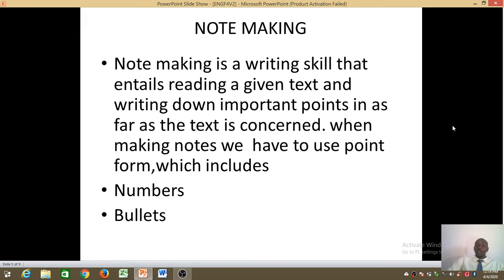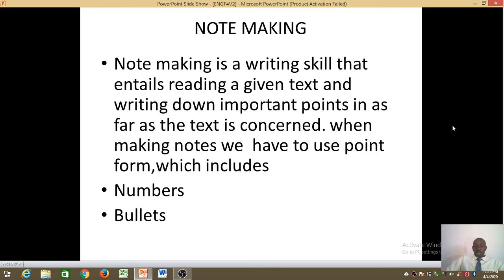Note taking, on the other hand, involves listening to somebody as you write down the notes. Like what teachers do in class, they come to class and dictate notes for you. Once teachers are dictating notes for you, we call that note taking. So it sounds good that you know the difference between the two.